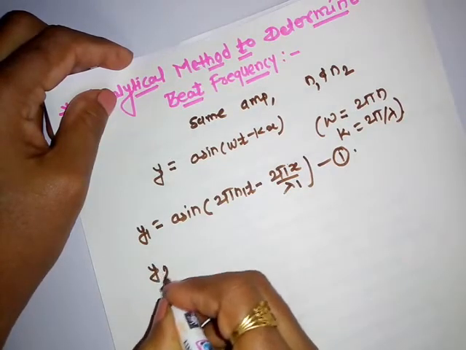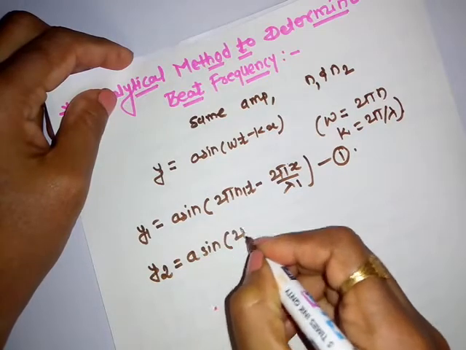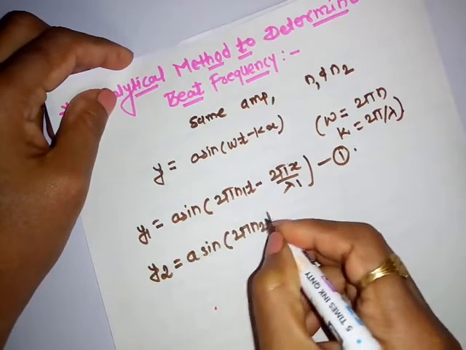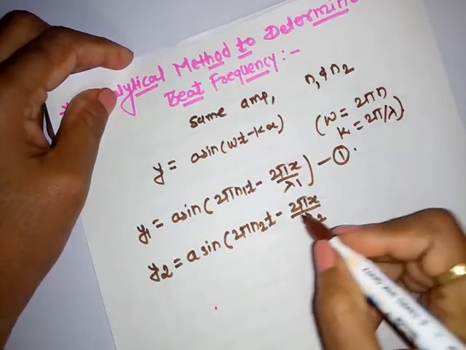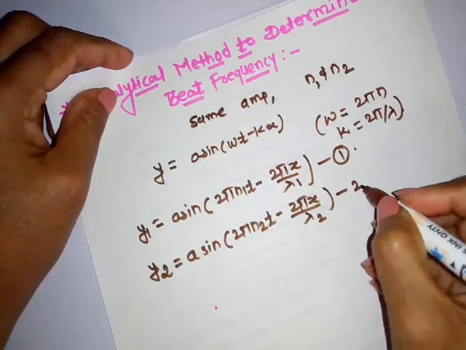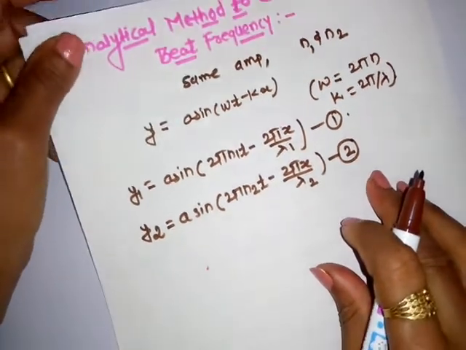And the equation for the second wave is y2 is equal to a sin(2 pi n2 t minus 2 pi x upon lambda 2), considered as equation number 2.